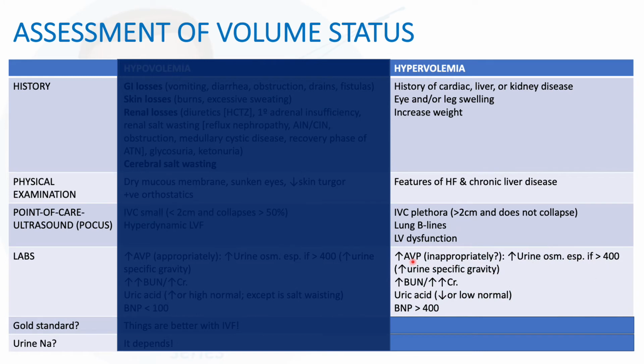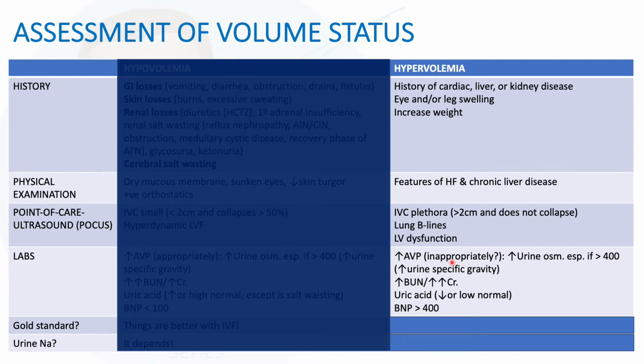So with labs, usually, for example, in cardiac failure, AVP or ADH is increased. This might be inappropriate, and I put a question mark because we don't know exactly how to define appropriate versus inappropriate ADH. Yes, sometimes it's straightforward, but sometimes it's not.